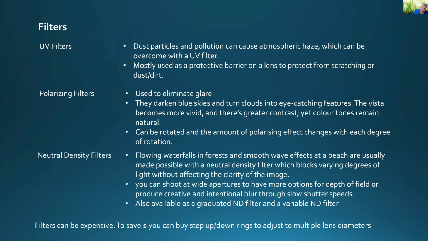Graduated ND filter is one filter that'll have 10 different settings or 8 different settings, depending on the filter. And it will allow you to turn it, and then you can darken or lighten as you need.